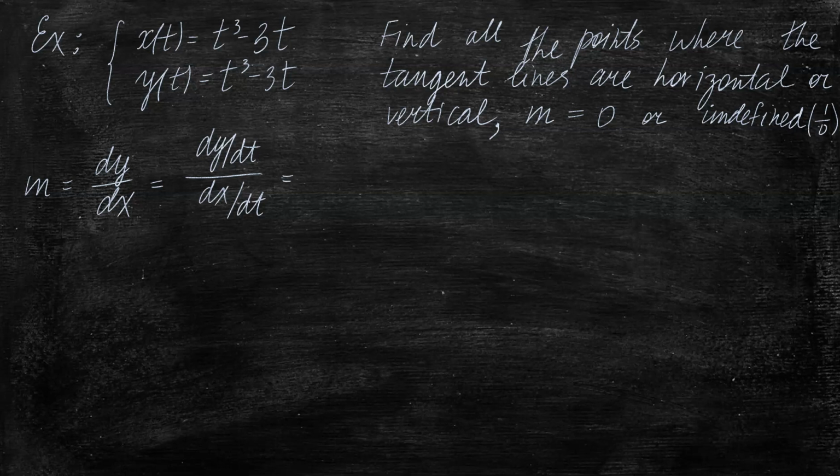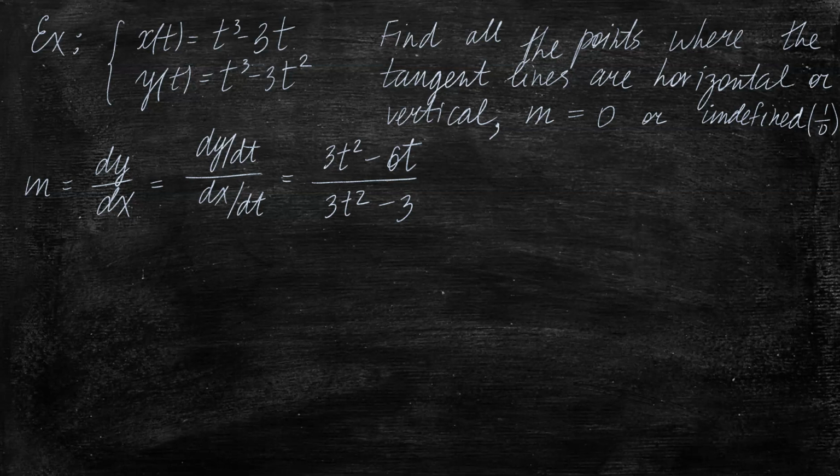Differentiating y with respect to t will get 3t squared minus 3, and differentiating x with respect to t gives us 3t squared. I have a typo here, sorry, this should be squared over here. So dy/dt will be minus 6t, and dx/dt is 3t squared minus 3.